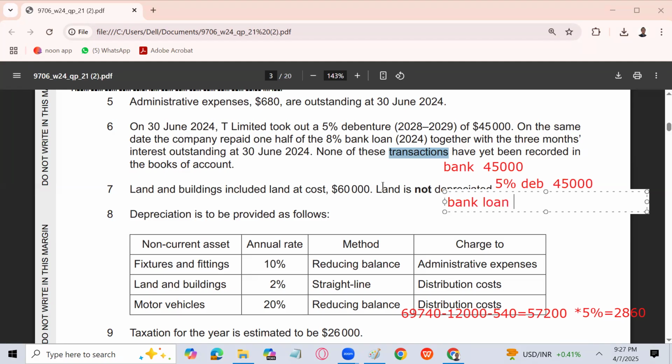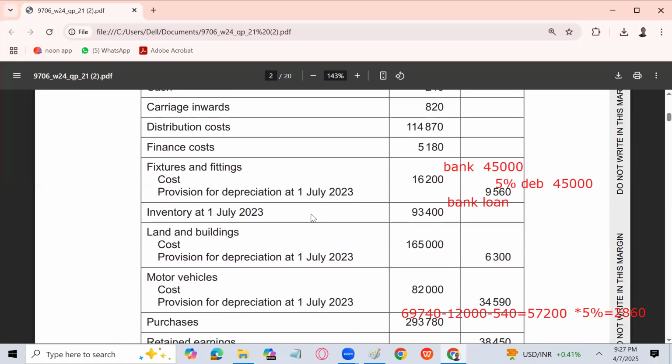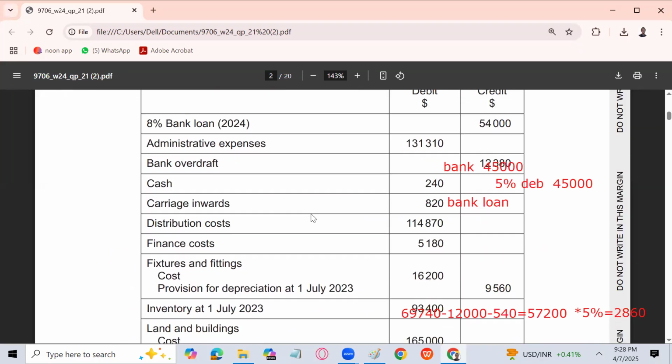8% is the interest, with the 3 months interest outstanding at 30th June. And we are also paying the 3 months interest on bank loan, which is 1080. How much is the bank loan? 54,000. So half of the bank loan is paid. That is 27,000 with interest, right? So interest is 1080.